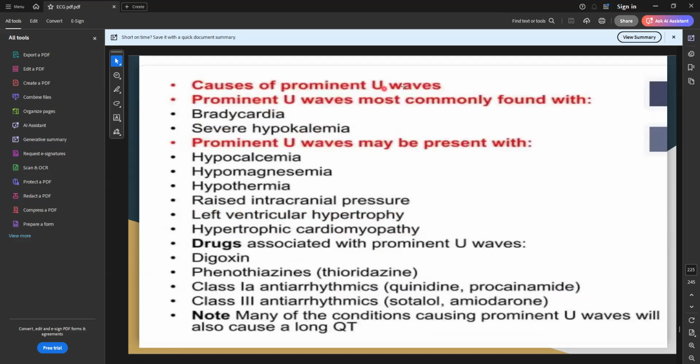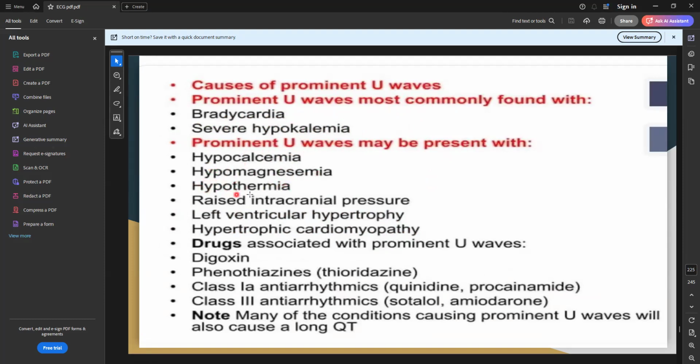Coming to the causes of prominent U waves, most commonly, as I have told you, U waves become prominent when the heart rate is low, that is in bradycardia, and in severe hypokalemia. Other causes include hypocalcemia, hypomagnesemia, hypothermia.